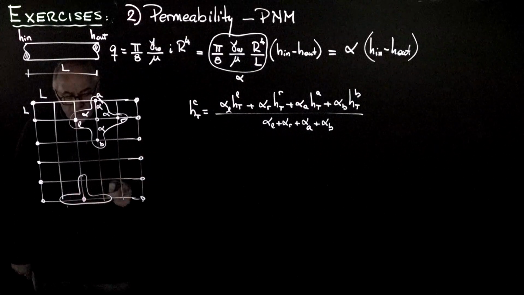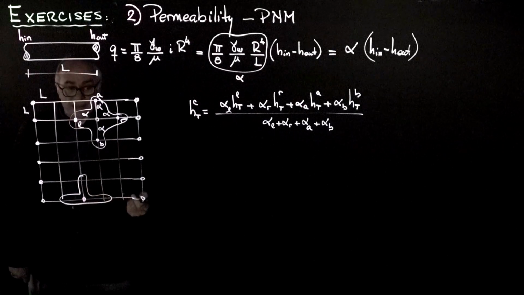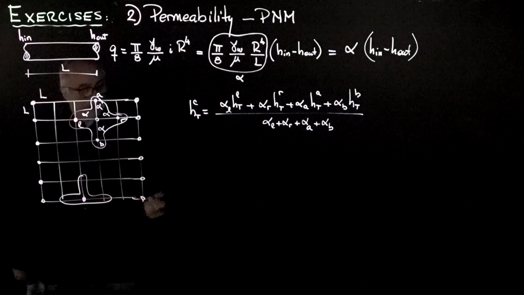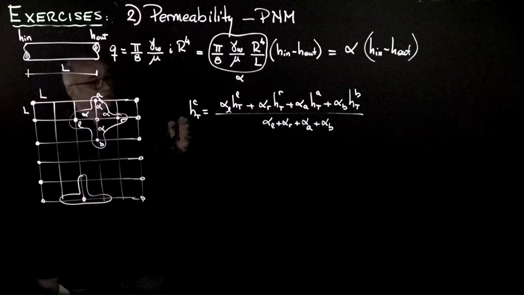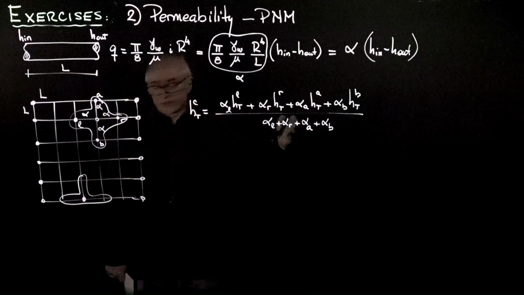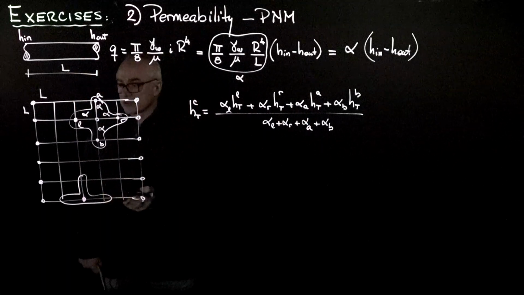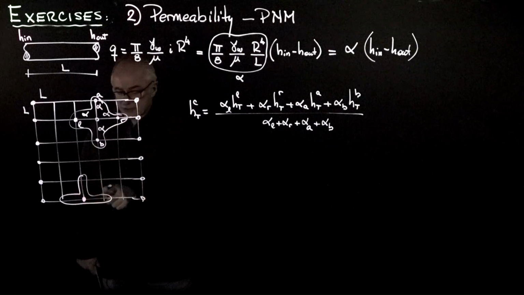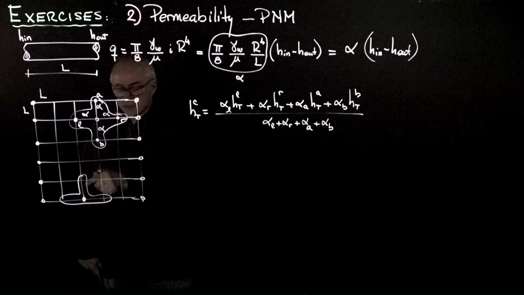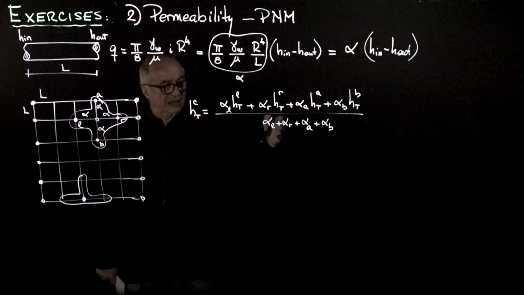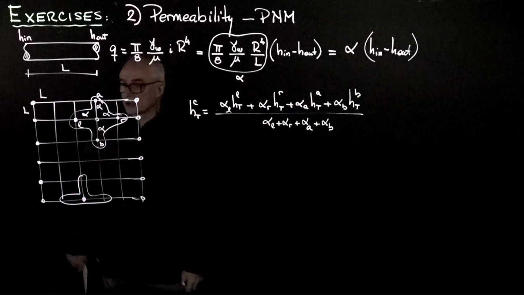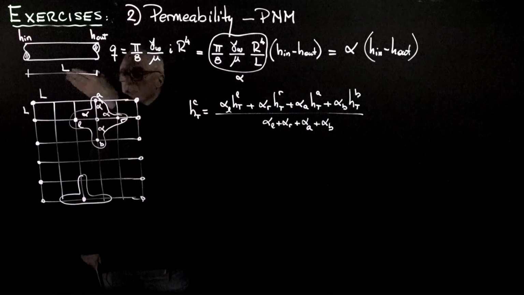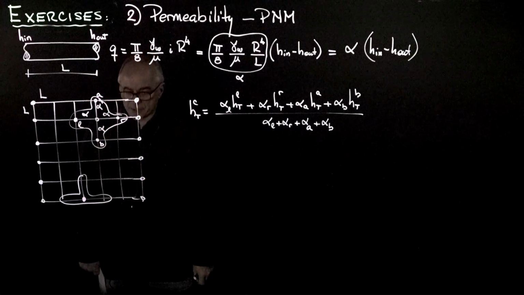All the fluid that comes in and goes out of this node has to be such that the sum of the flow from the left, from the top, and from the right add up to 0. And therefore, instead of having all these 4 terms, in this case, you're only going to have 3 terms. To the left, to the right, above, divided by the alpha values left, right, and above, and there is no below component. The opposite happens to the top.